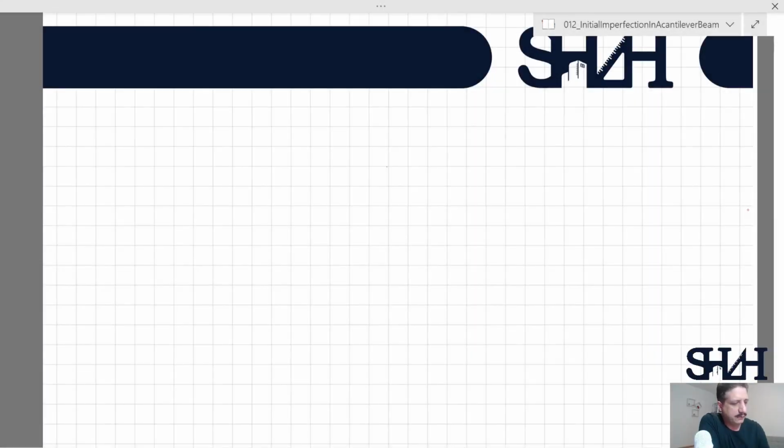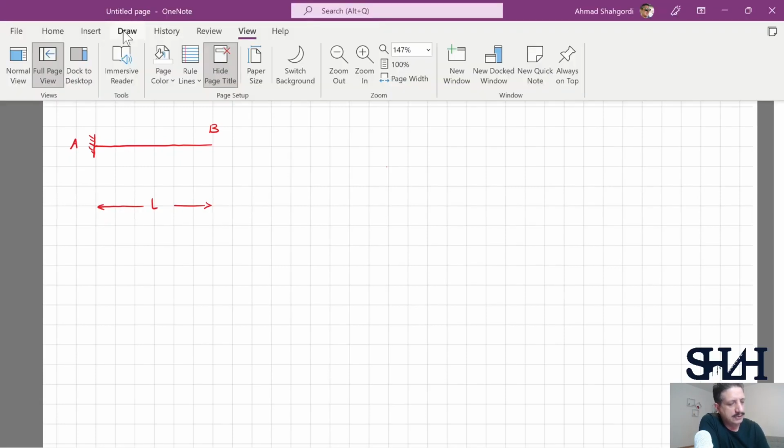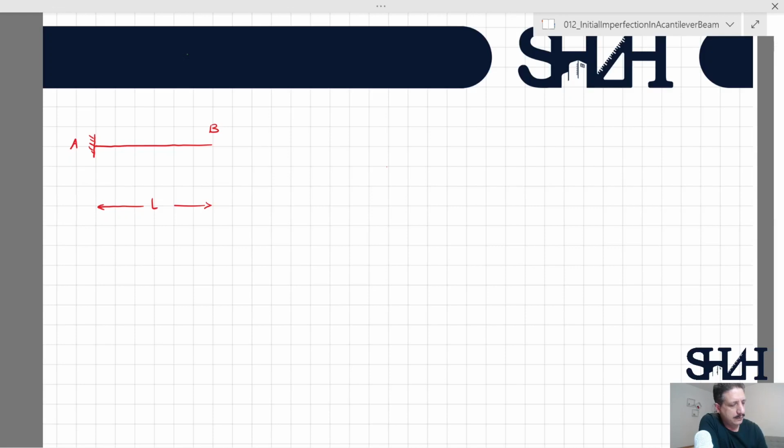Let's do it. Assume that we have a cantilever element rigidly supported at point A and at point B is under the force P. But before applying force P, assume that the element is initially imperfected, like the green dash line.